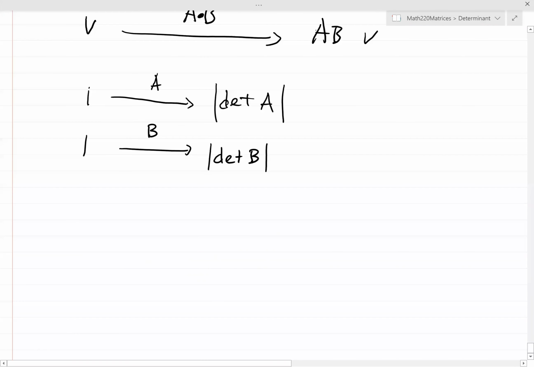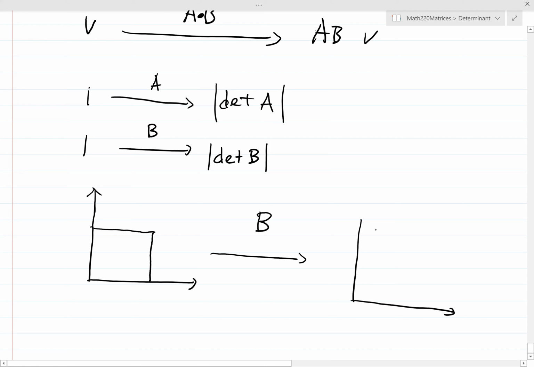For instance, let's do one example and plot one picture. Suppose there is a box that you plug into A, or into B, it doesn't matter. Let's first do B, for instance. Then you may get a parallelogram.